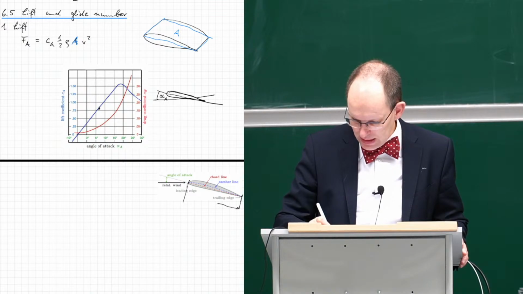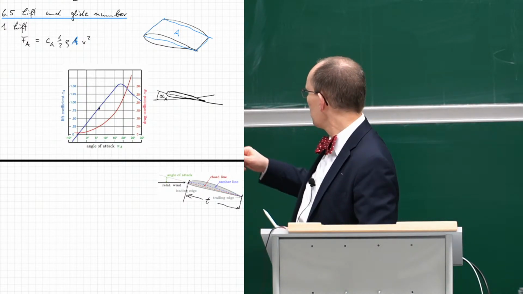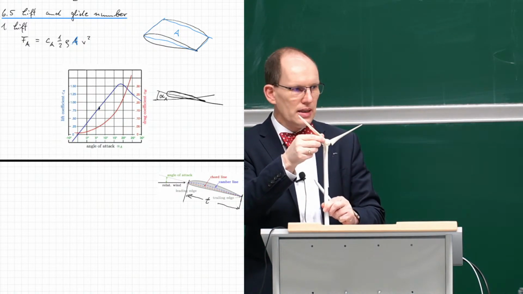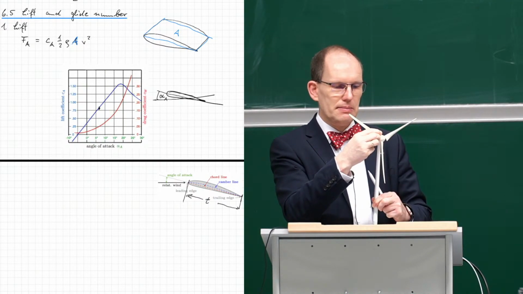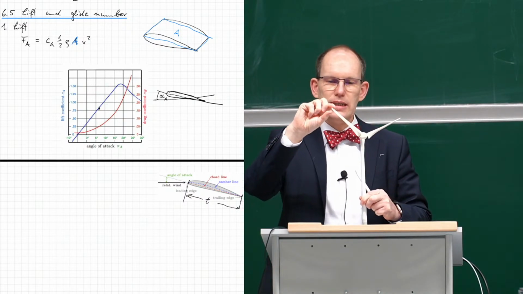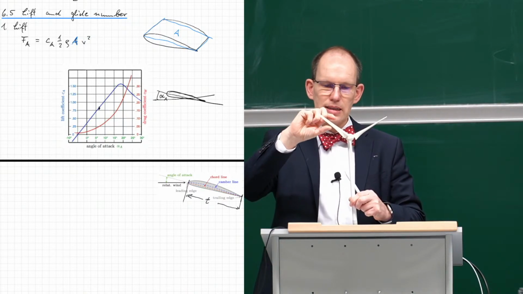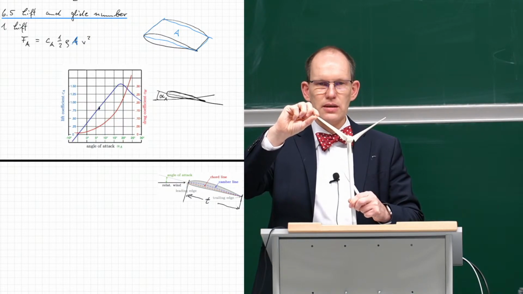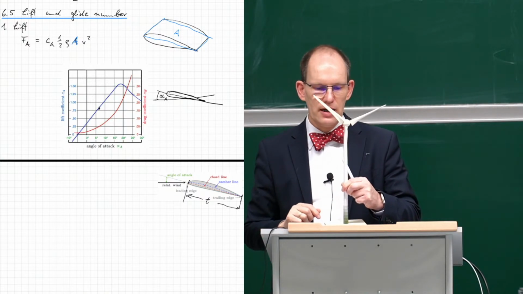So this thing here, and I will call this T. And if you look at a windmill, I brought some with me, then you see that this here would be the chord length. You see that it's very, very small here at the tip of the blade, and it's fairly large here.